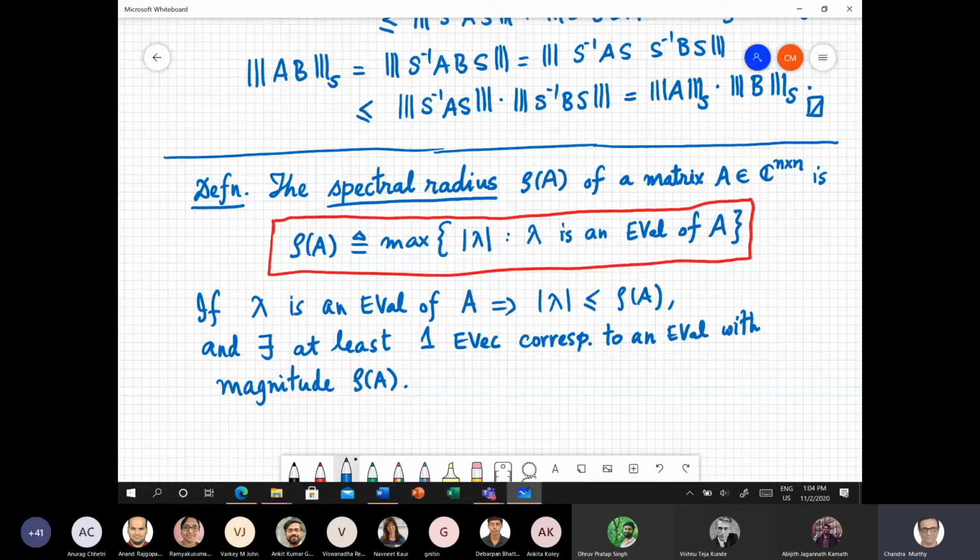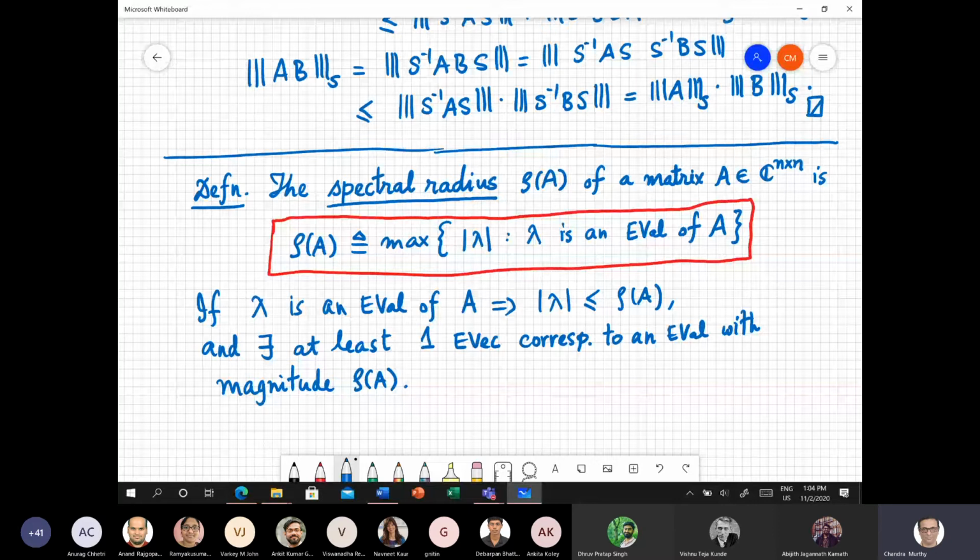When eigenvalues are repeated, it's possible that you cannot find a linearly independent eigenvector. So an n cross n matrix will always have n complex eigenvalues, but it may not have n linearly independent eigenvectors.